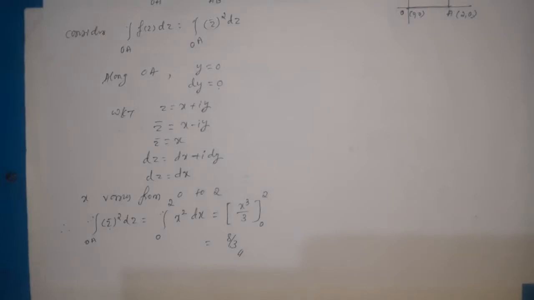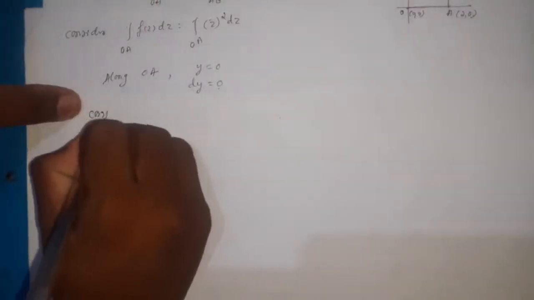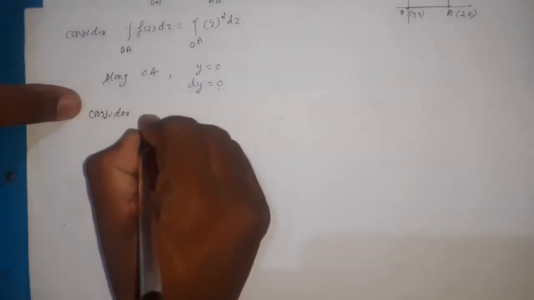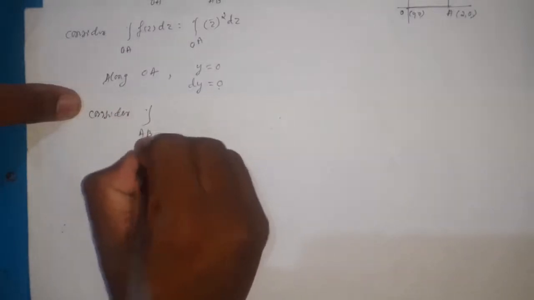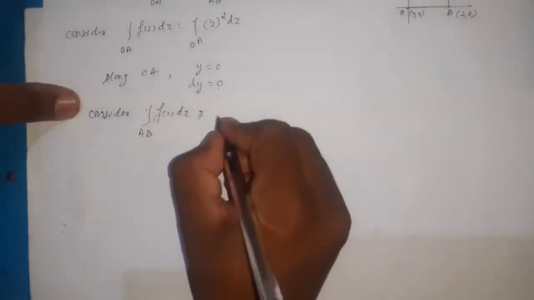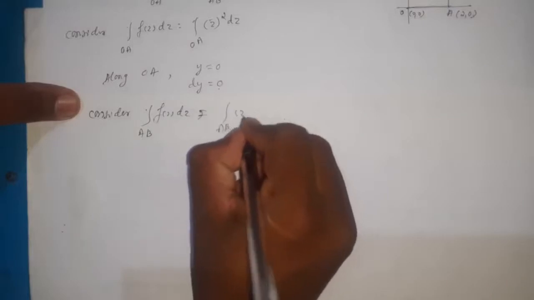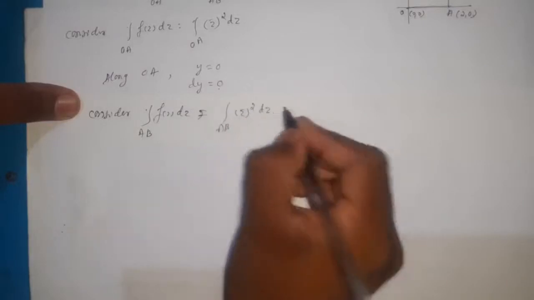And the second one is AB. So here consider integration over AB f of z dz. That is equal to what? Integration over AB (z bar) whole square dz.